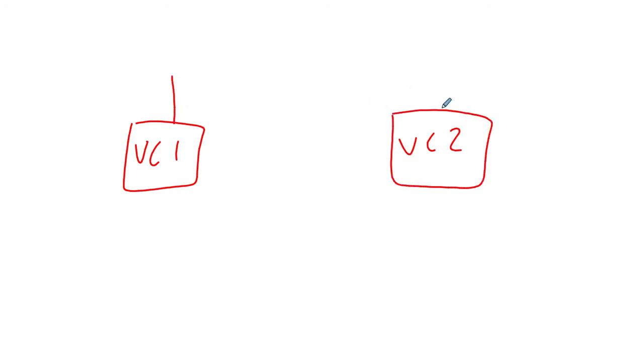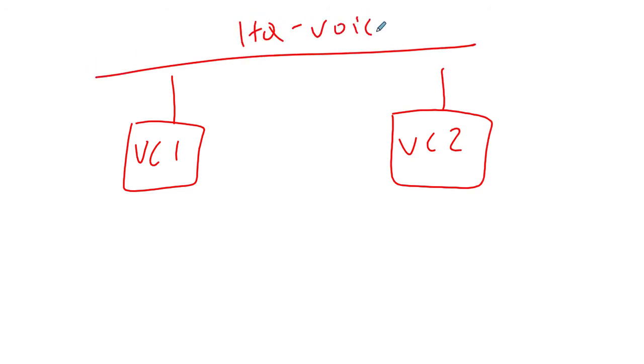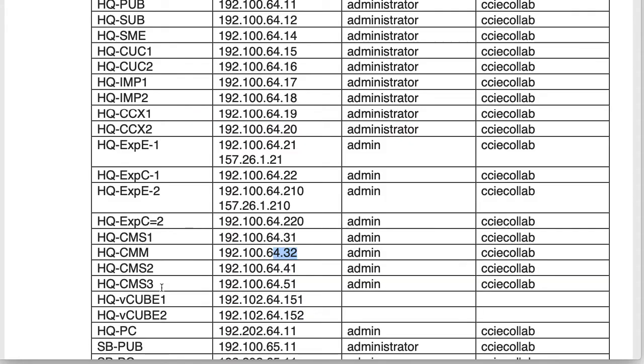One is on the HQ voice network. This is our HQ, not server, but HQ voice network. So those IP addresses are VCube 1 is 102. See the 102, the second octet there, meaning it's not on the server VLAN, it's on the voice VLAN. And 64.151 and 152.